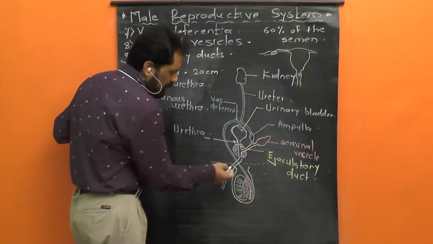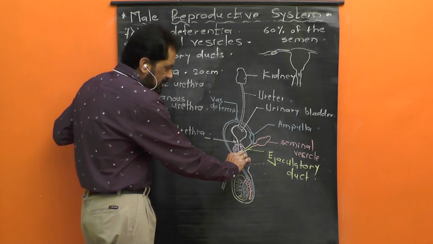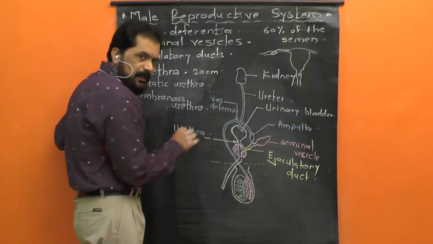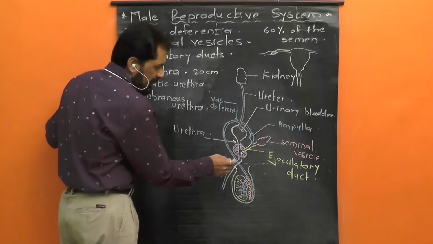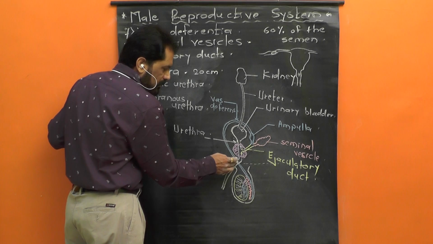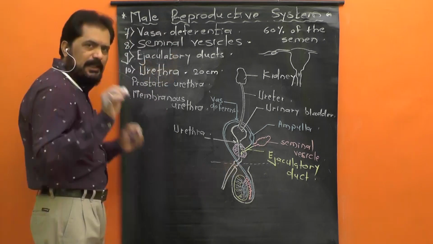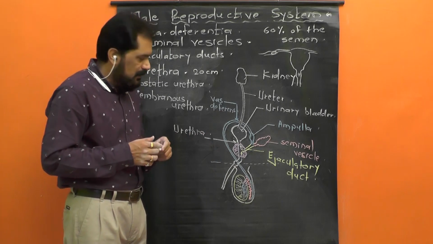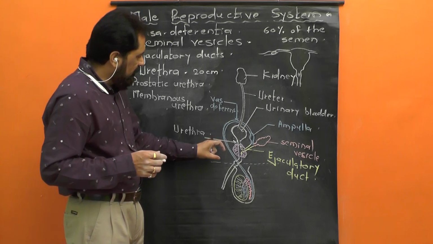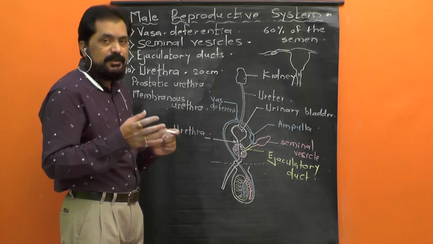You just look, this much part, membranous urethra, 2.5 centimeter in its length. According to some authors, this membranous urethra may show a small ampulla, that is bulb-like structure. It is called the urethral bulb, and therefore this part may be called the bulbourethra.